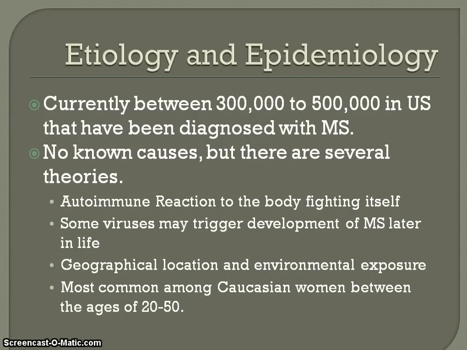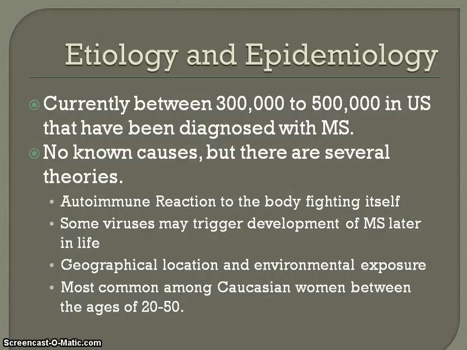Some scientists believe that viruses and bacteria may trigger the development of MS later in life, for example Epstein-Barr, chlamydia, measles, and even pneumonia. If you come in contact with any of these viruses or bacteria before the age of 15, studies show that you have an increased possibility of developing multiple sclerosis later in life, according to some research.